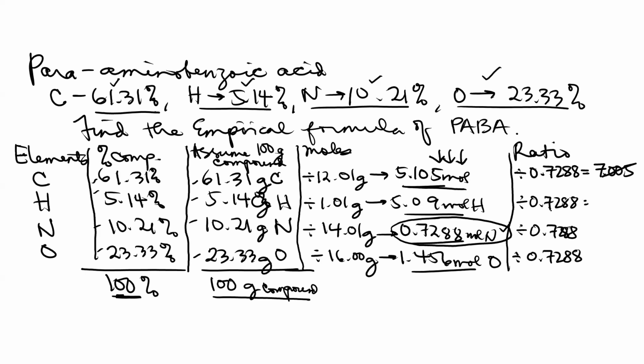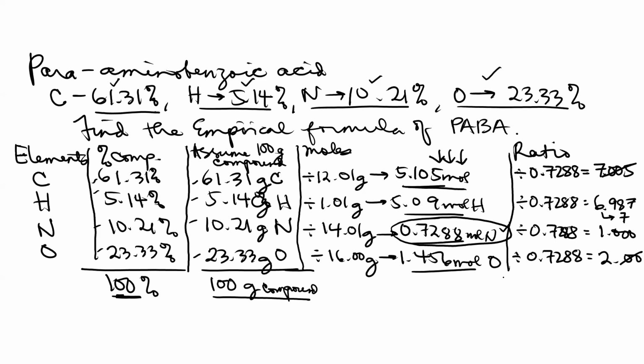5.09 divided by 0.7288, we get 6.987, which we can round up to 7. This will be equal to 1, and this will be equal to 2.001, which you can drop and simplify to 2.